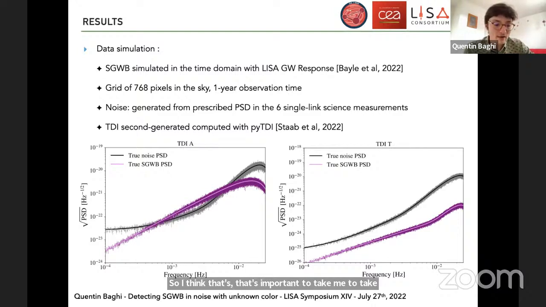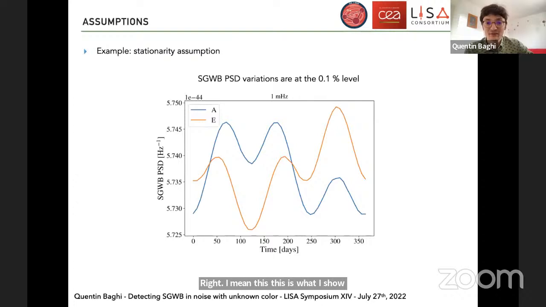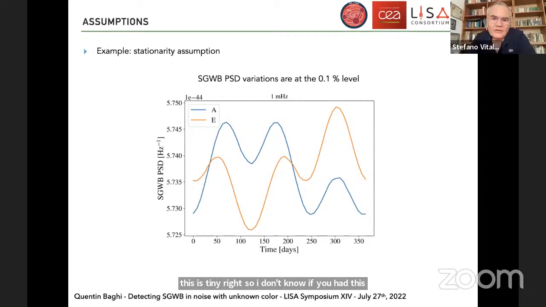When you have an isotropic stochastic background, the addition of all the sources in the sky makes the resulting stochastic process very time independent, but there are some time dependencies that we could exploit, right? This is what I showed here. This is tiny, right? So I don't know if you had this particular kind of effect in mind for discrimination.